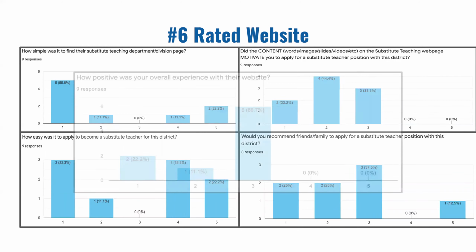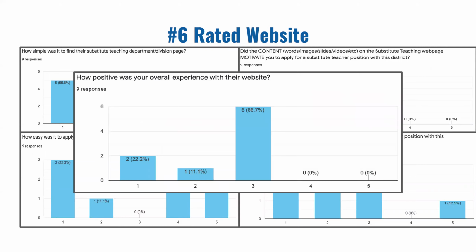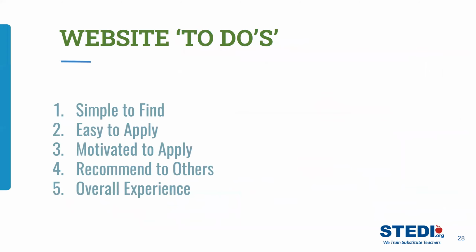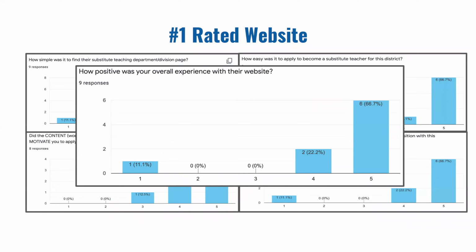And so that overall experience is really, really important for your job applicants. The number one rated website, this is Fulton County as well. Like they were historically number one on every single question that we had.